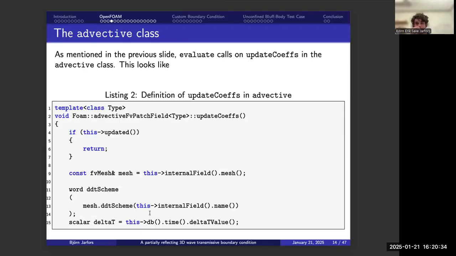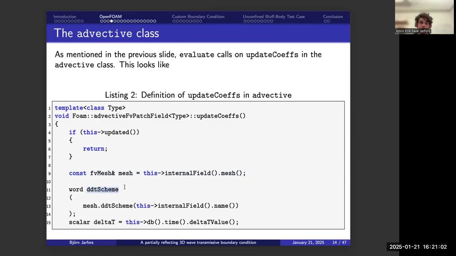And as mentioned, the evaluate calls on the update coefs. So if we have a look at the update coefs member function here, we can see that this will also check if it's updated, and if it's not, it will first define the mesh by obtaining it from the internal field.